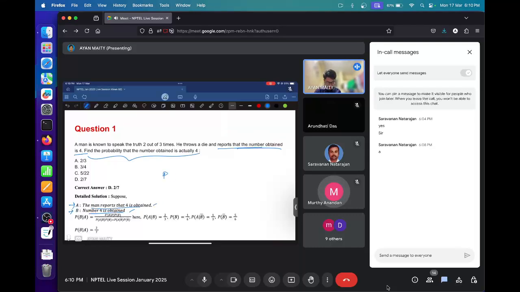the probability of actually obtaining 4, given that the man reports that 4 is obtained.